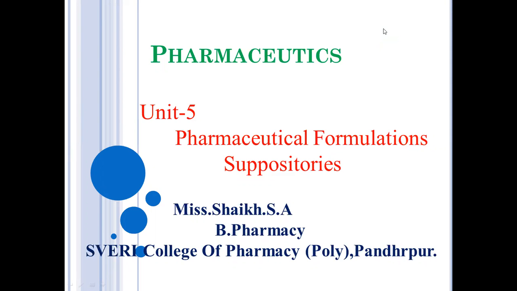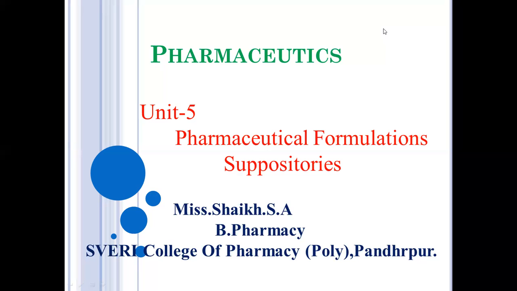They both are under solid dosage form. Then next we discuss liquid oral preparations, in which we saw solution, syrup, elixir, emulsion, suspension, and dry powder for reconstitution. After that we are going to start the next topic in pharmaceutical formulation, which is topical preparations or semi-solid preparations.